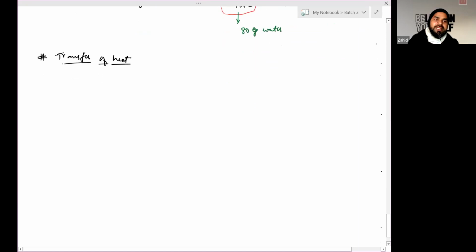So there will be three different types of heat transfer. First is called conduction. Second is called convection. And third is called radiation. So let's start with conduction.